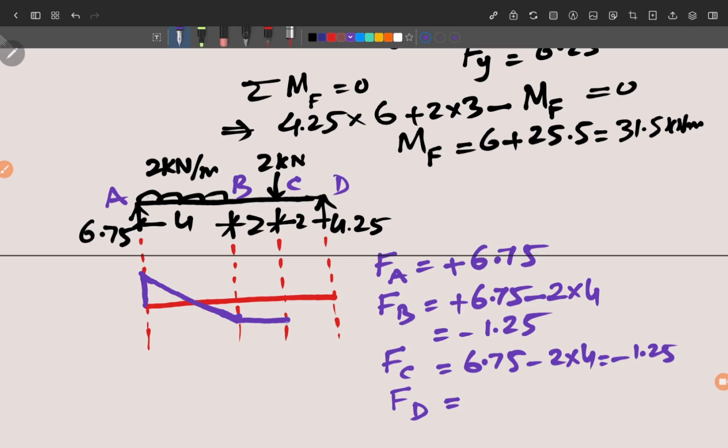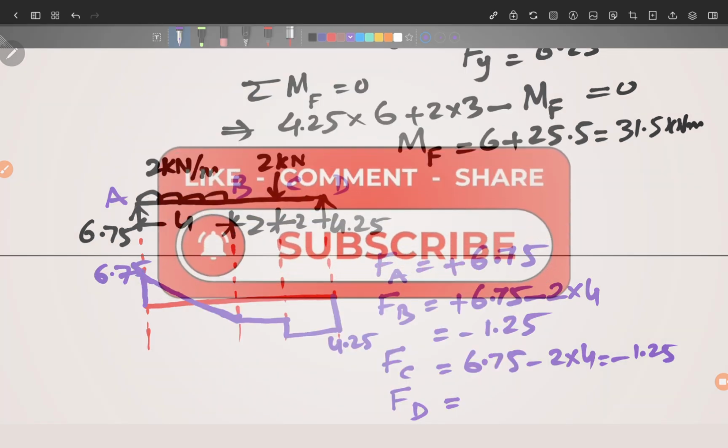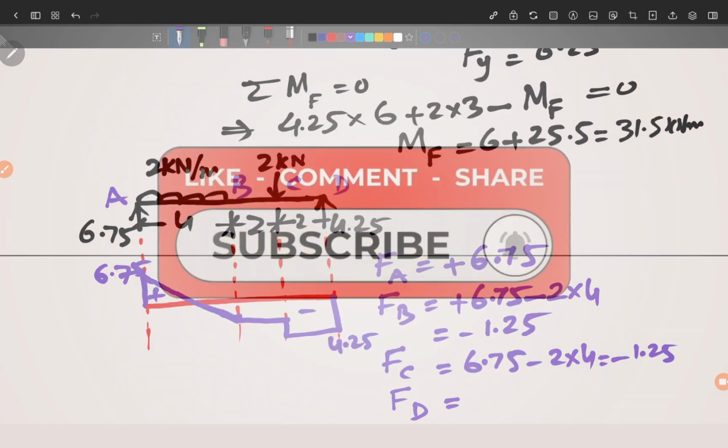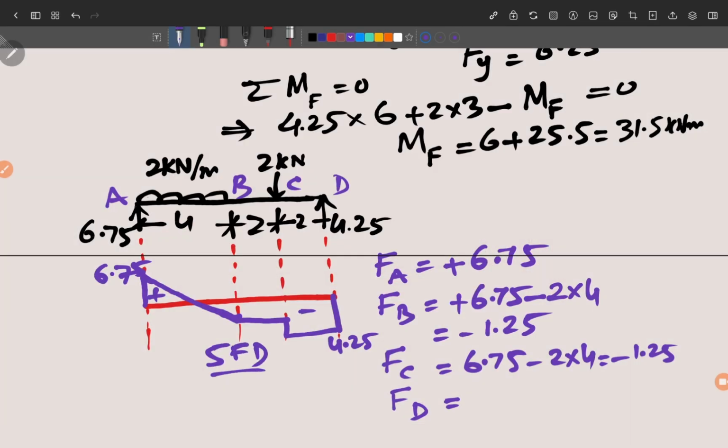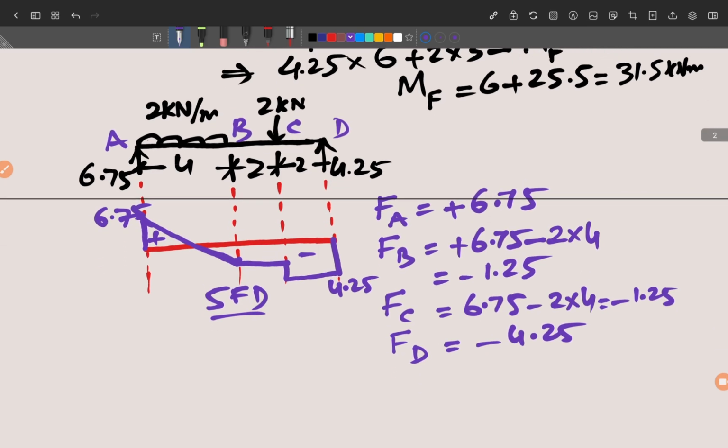So 2 kilonewton is down at point C, and this will complete it. The value is 4.25 here, and this is 6.75. This is positive and this is negative. So this completes your SFD, shear force diagram, right? So SF at D is minus 4.25.